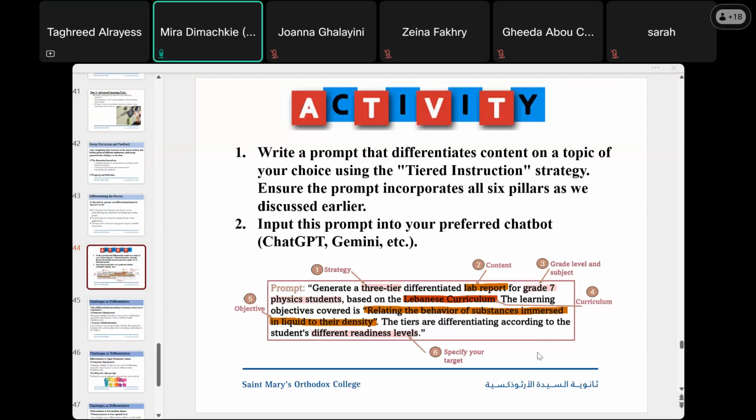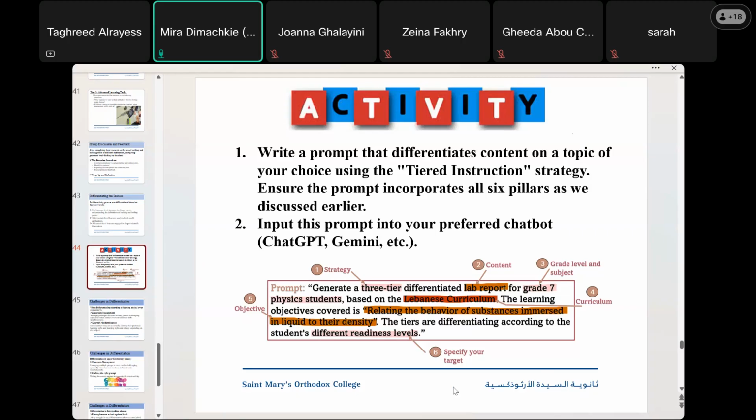Hi, good afternoon. Yes, hello. Sure, I can. Okay, so I'm going to read my prompt and then I'll go over the chat's response. I wrote the same thing as you did: generate a three-tier differentiated interactive lesson for KG3, since I teach KG3, science lesson based on the Lebanese curriculum.